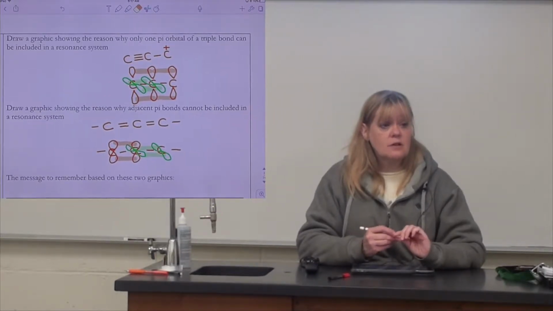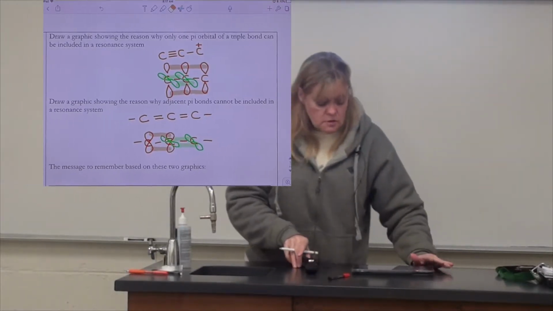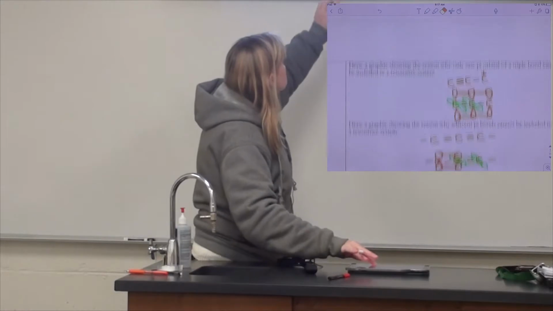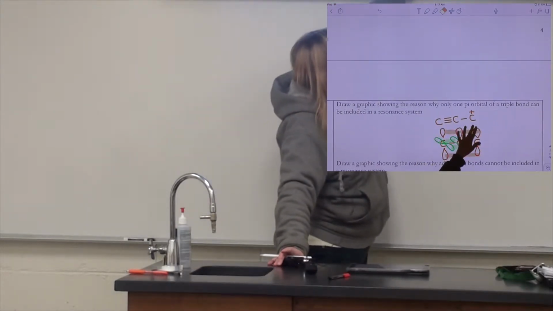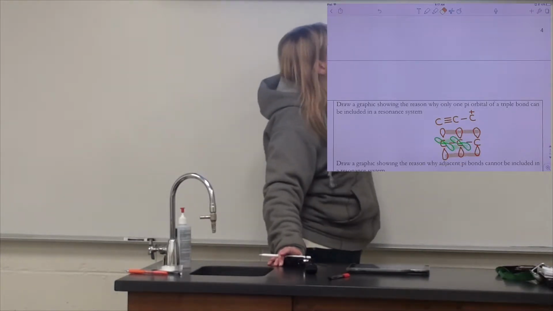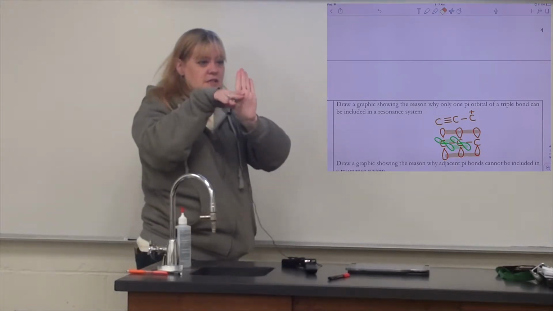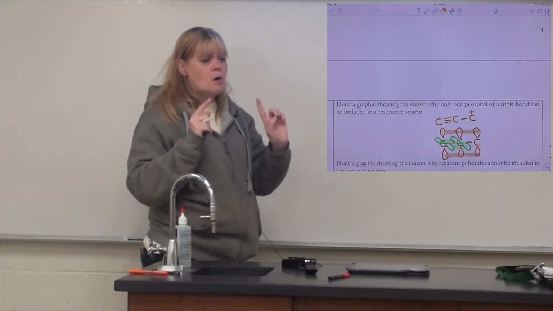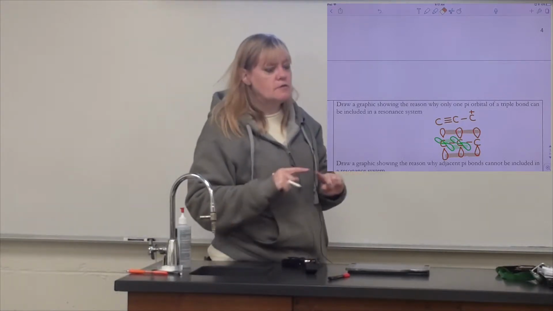That's because the other pi bond has to be perpendicular. So what this is showing you is you'd have resonance still here because you have a pi bond and a carbocation. That's fine, but only one of the p orbitals will line up with that. The other one can't occupy the same space. It's kind of set off. So it's always only one pi bond that could be part of a resonance system.